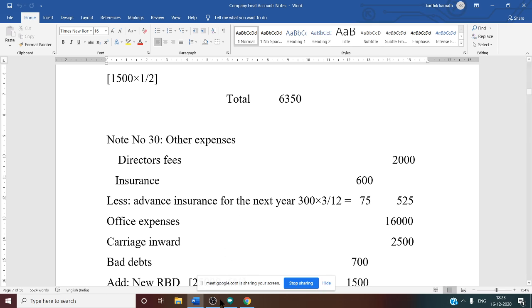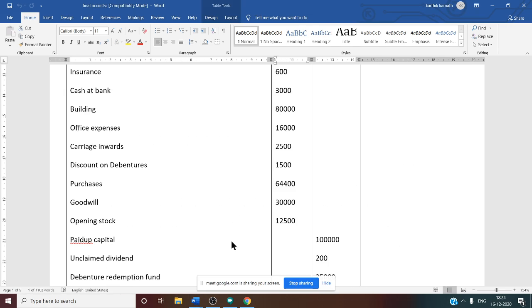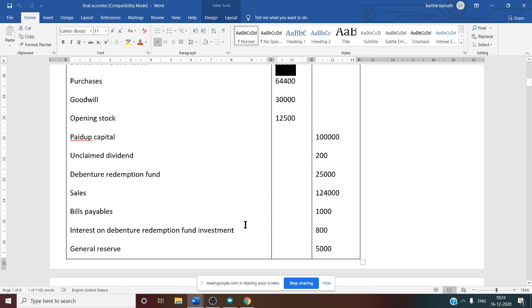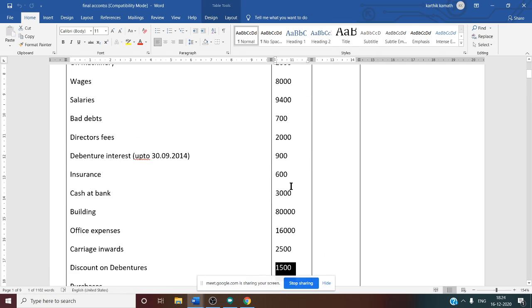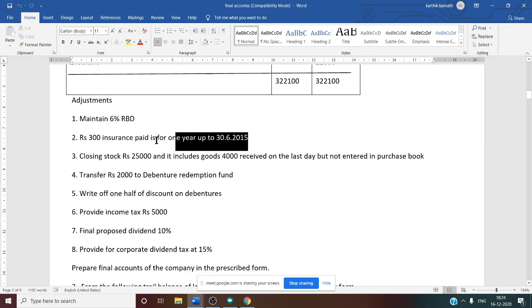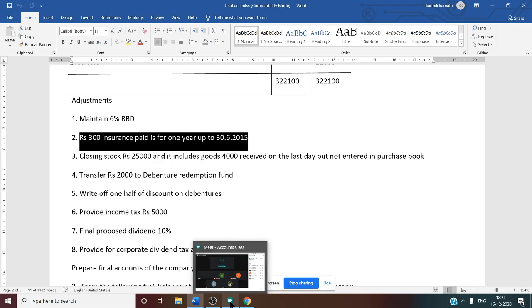Now insurance, there is an adjustment. So now we have to see the adjustment for insurance. See this total insurance given in the trial balance, we want that, that is 600. Now in the adjustment they have said 300 insurance is paid for 1 year, from 1-6-2015. But we are doing the balance sheet for the year ending 2014-15, that is 31-3-2015.